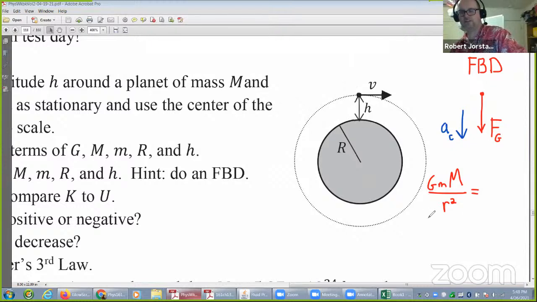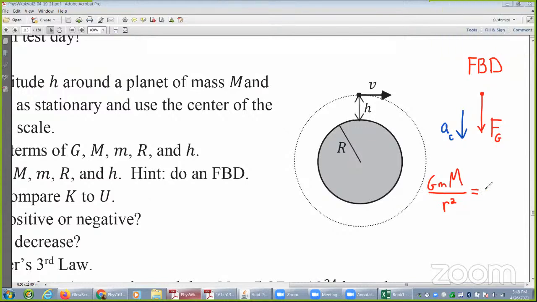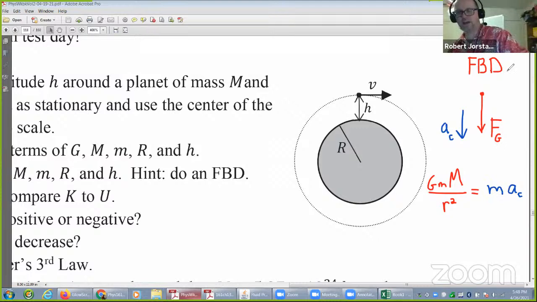What does the net force equal for an FBD? MA. Which mass? Well, if we're talking about the satellite, so small m. Exactly. I drew an FBD of the small mass. This is the force of gravity on the small mass, right?